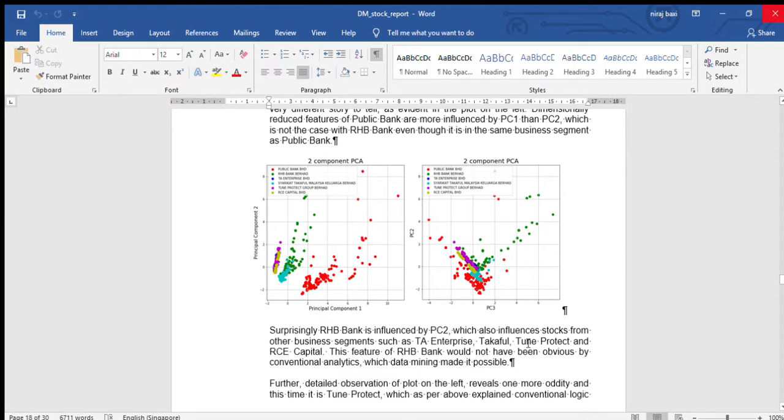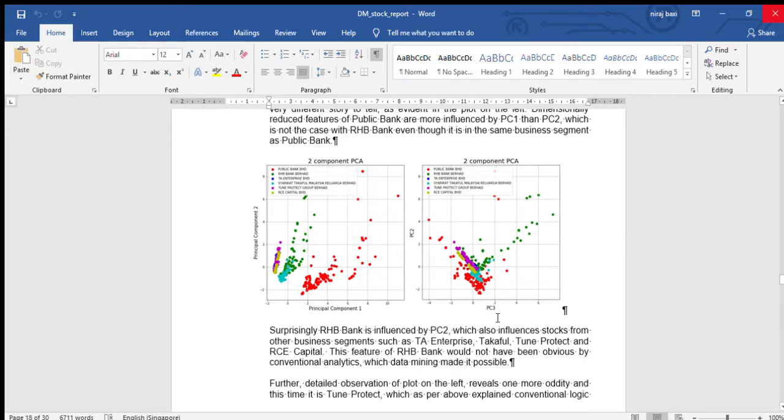3 and 2 again has a very different story to tell. Here, 3 represents RHB Bank more strongly, and not so much the rest of the stocks.